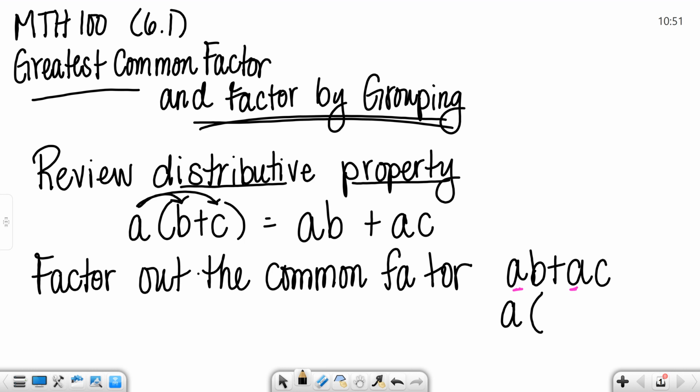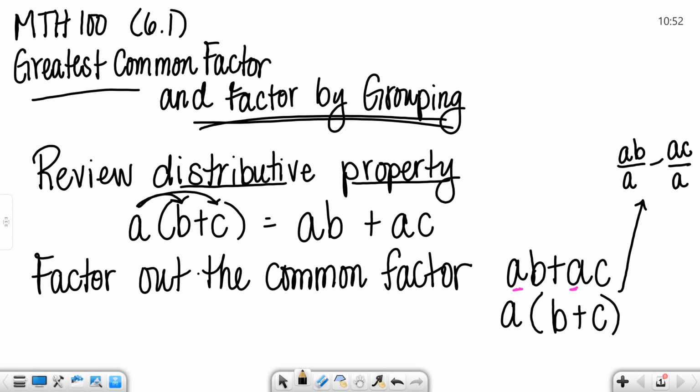That leaves me with B plus C. Up here, we took AB and factored out A, we took AC and factored out A. When you factor out, it's like you're doing division, and that leaves me with B plus C. So A times (B plus C) would be the factored out version.